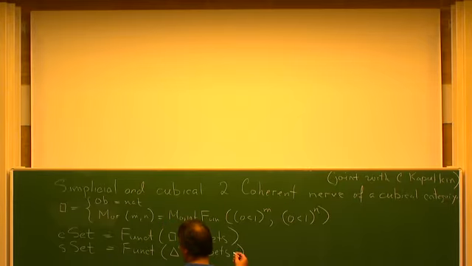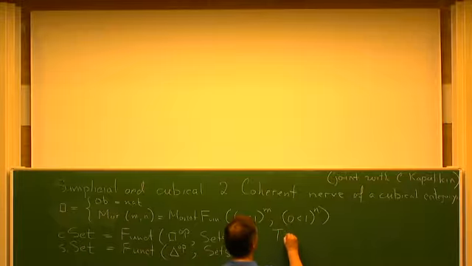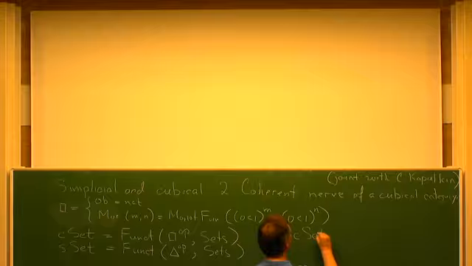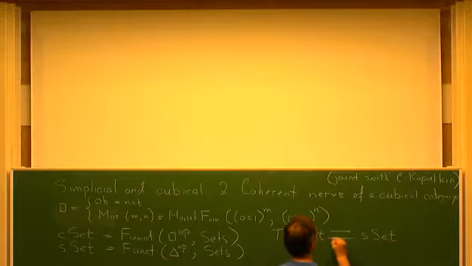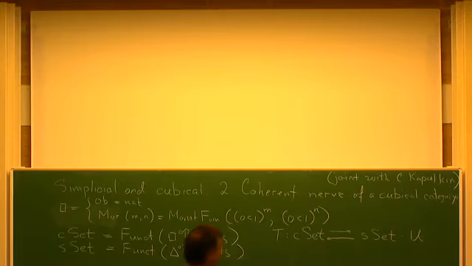And we have constructed two functors, T from C set to S set and U from S set to C set, and an adjunction where T is a left adjoint to U.